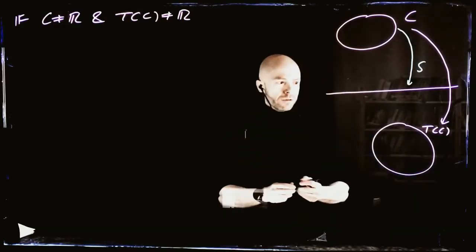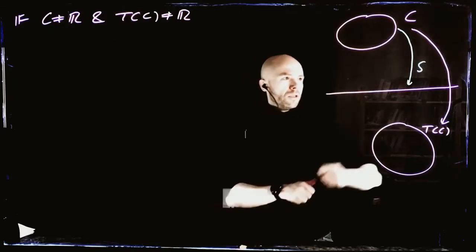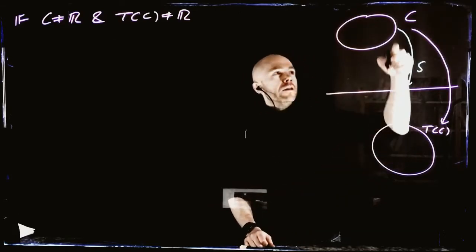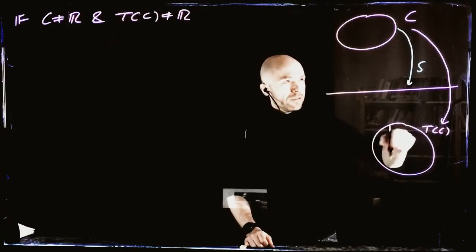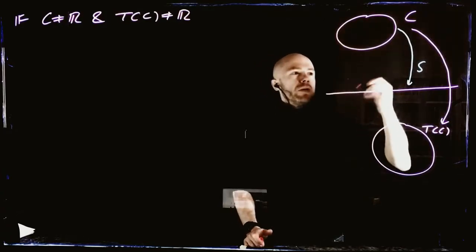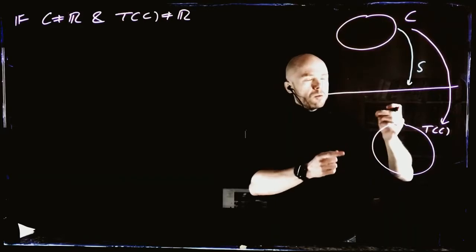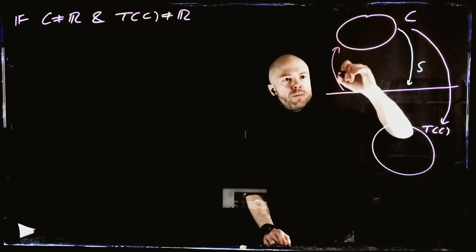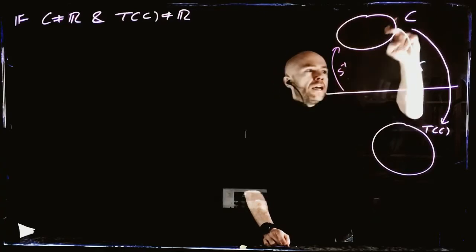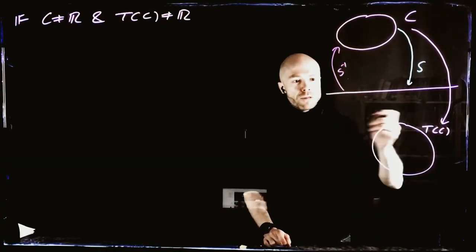Then we're going to go back from the real line through C down to T of C by composing S to the -1, from the real line back to C, and then composing with T. And we're going to call that mapping Q.